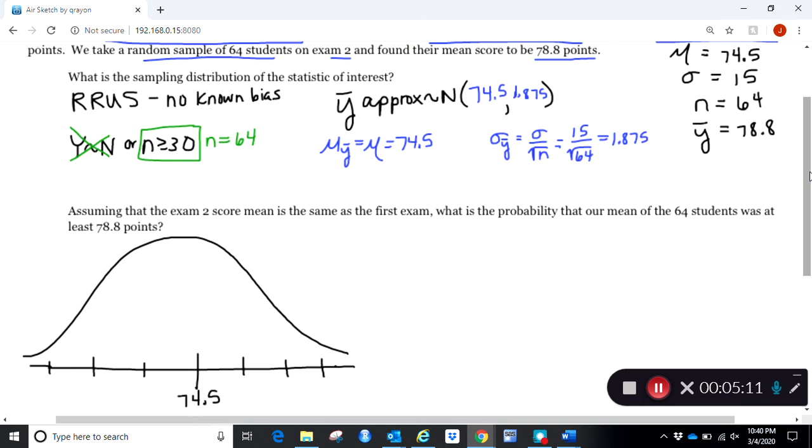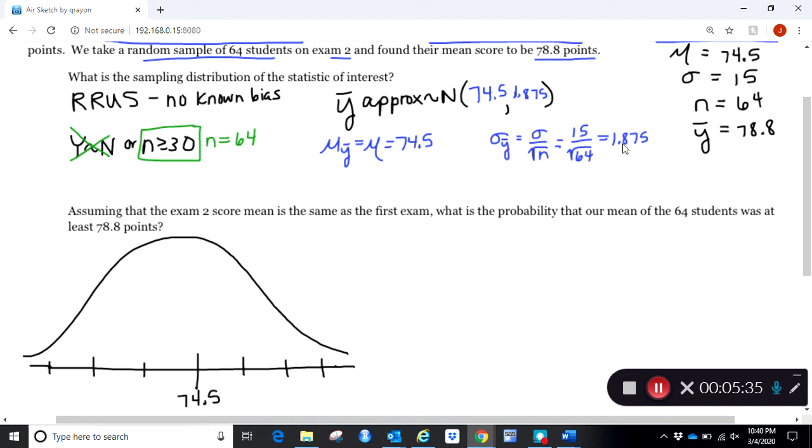Now, what standard deviation should we use? It is very easy to make the mistake and try to use the standard deviation of 15. But we're looking at the probability that our mean of the 64 students. So somewhere this 64 needs to be used. That 64 is being used in that standard deviation of our y bar, or sample mean.